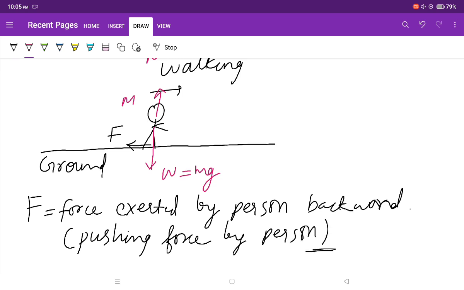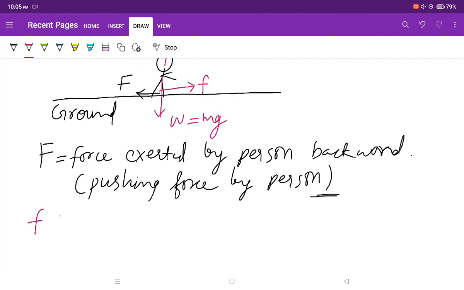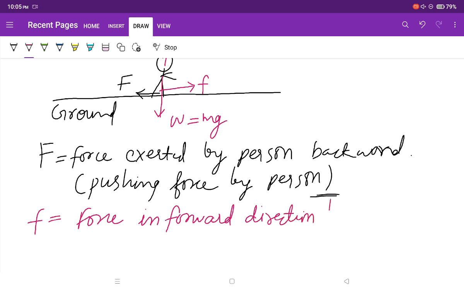Now the ground pushes the person with some force, small f. Small f is the force in the forward direction by the ground on the person.